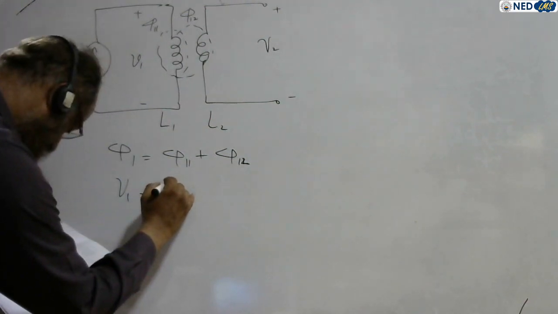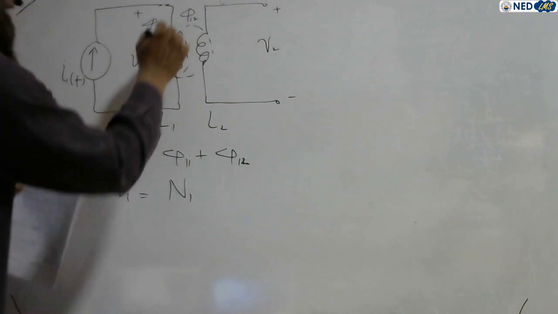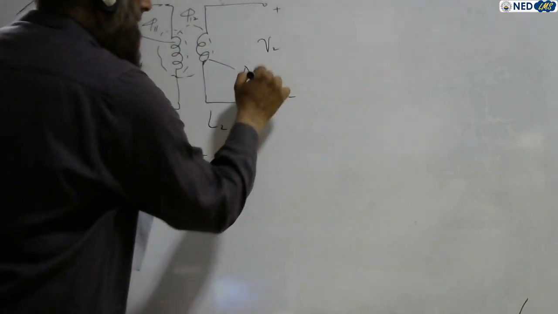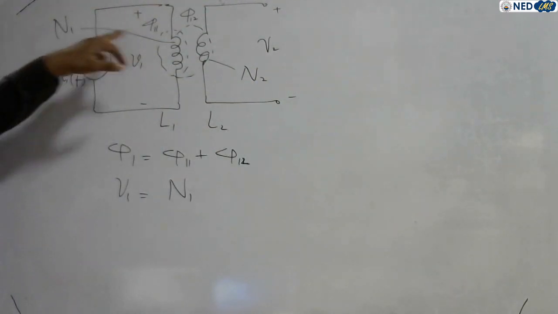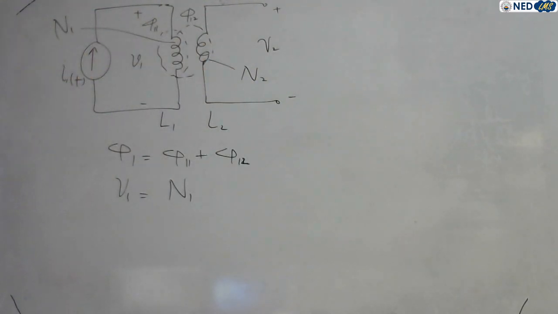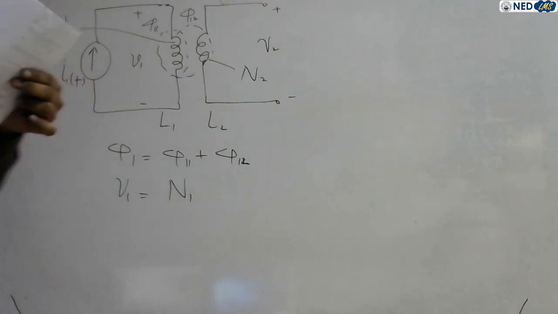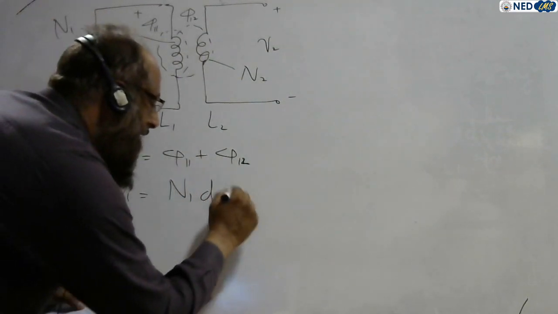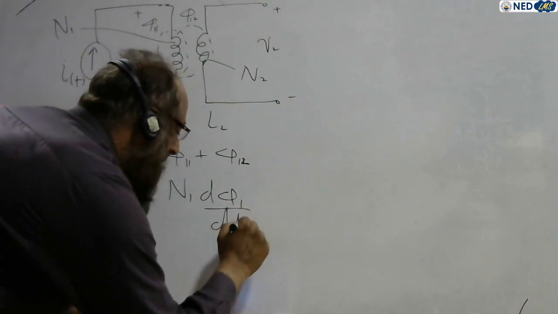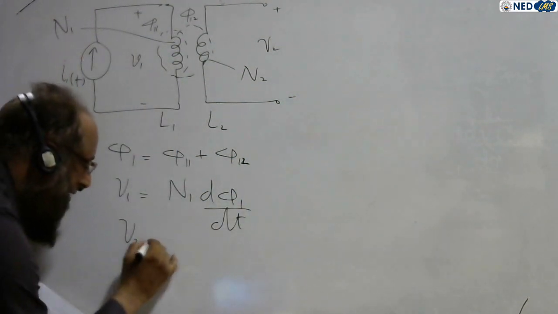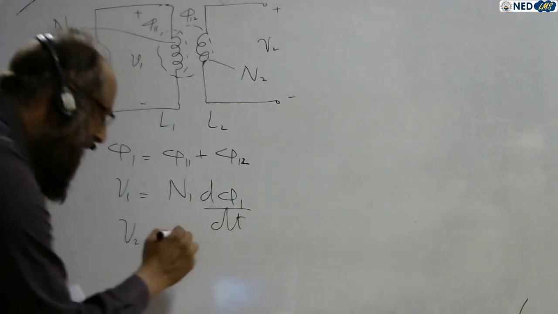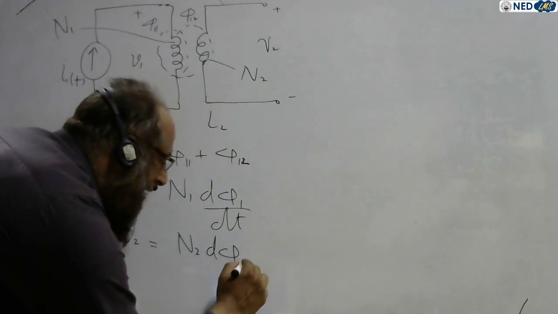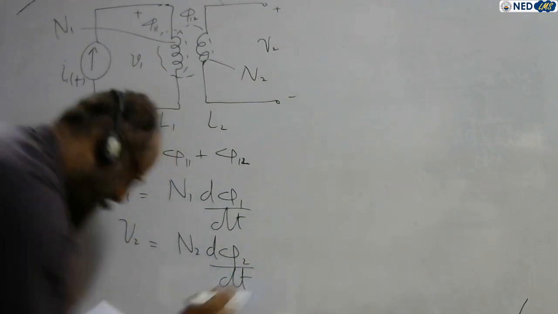V1 is nothing but N1, the number of turns of the primary, times d phi 1 over dt, and N2 is the number of turns on the secondary. The voltage induced in the secondary coil is N2 times the rate of change of flux in the secondary coil with respect to time.